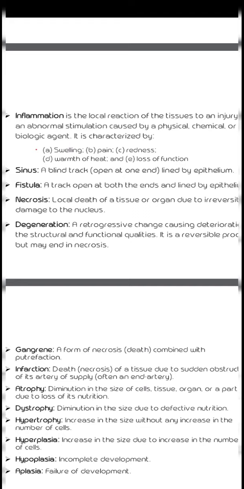The difference between a sinus and a fistula is that these are abnormal tracts which should not be present at that site. The fistula has two-way communication, whereas sinus is a blind tract with only one opening. Okay, that is lined by epithelium.